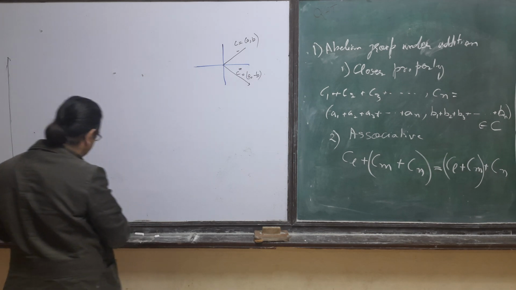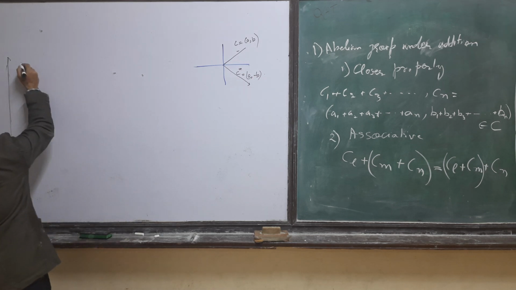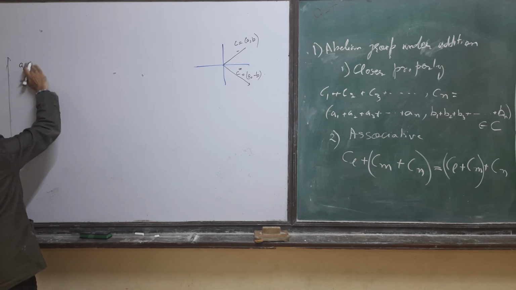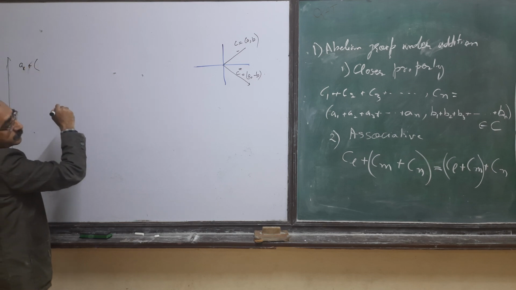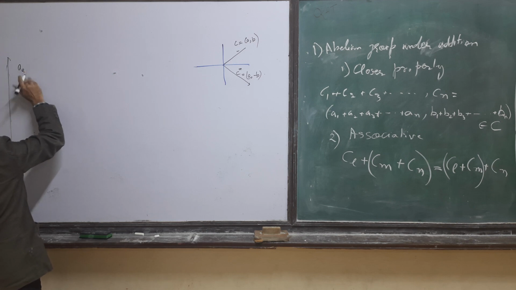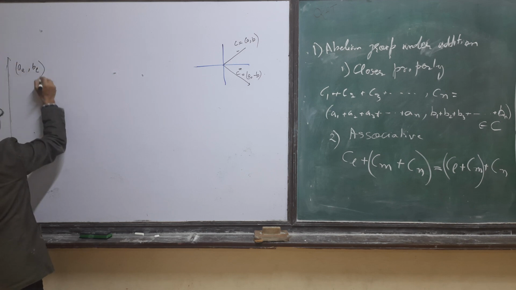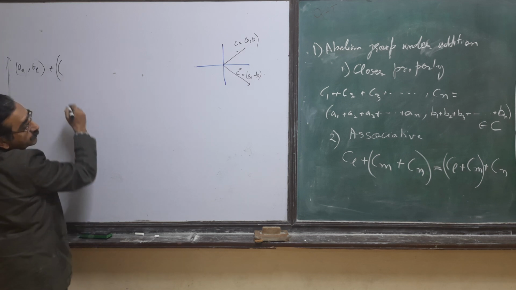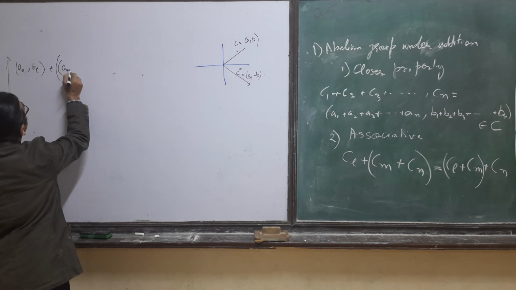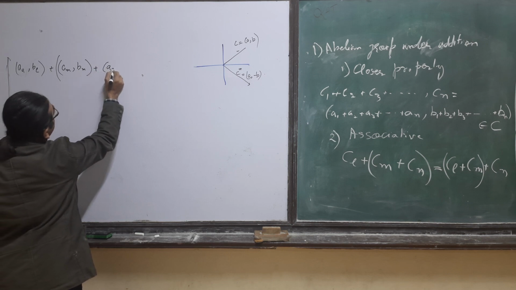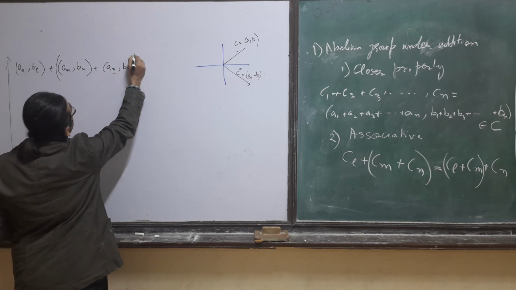Al, Bl plus bracket (Am plus Bm) plus An, Bn.